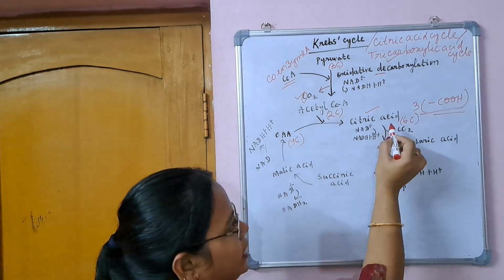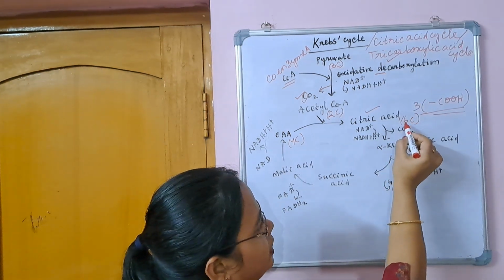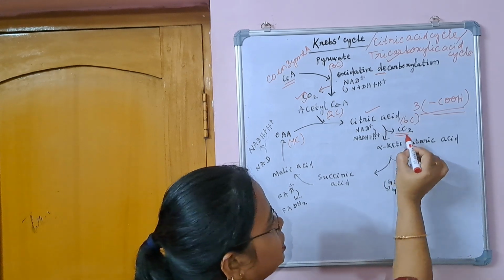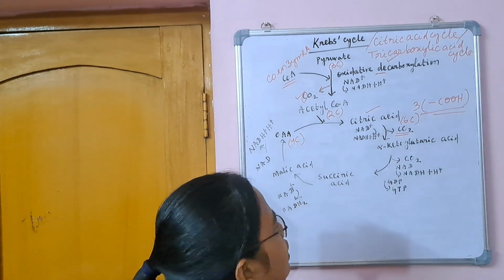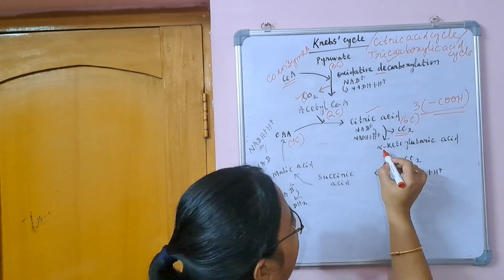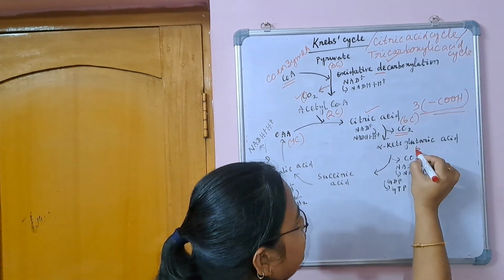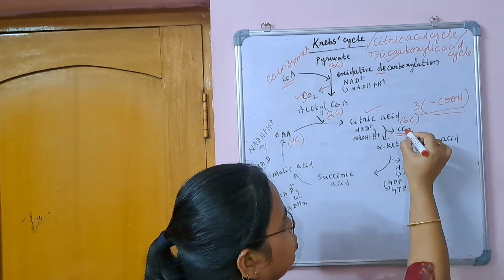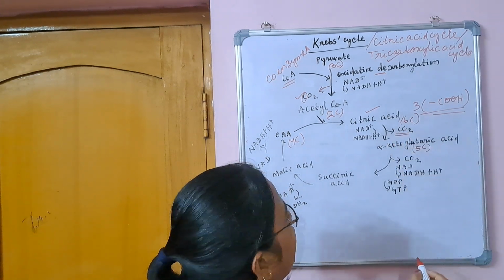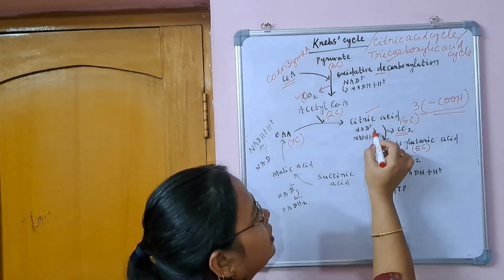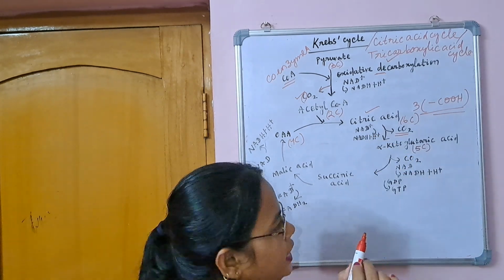Now this citric acid, which is a 6-carbon compound, will undergo decarboxylation, and one CO2 will be released, forming alpha ketoglutaric acid. Now this is a 5-carbon compound, because one carbon is released, and in this step NAD plus will be converted into NADH and H plus.